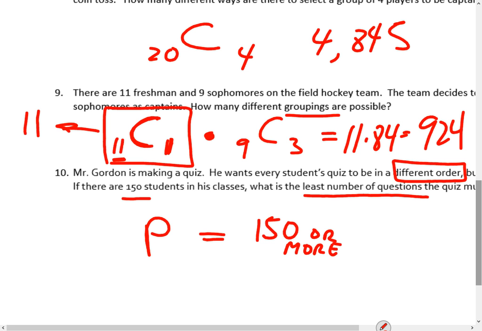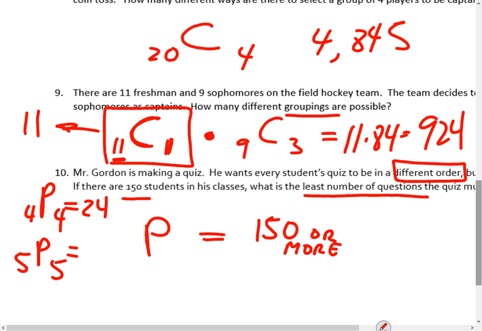If you did 4P4, what does that equal to? I'll go for a calculator. What's 4 times 3 times 2 times 1? 5P5.